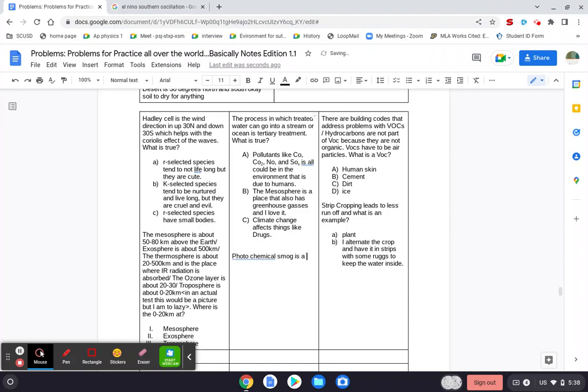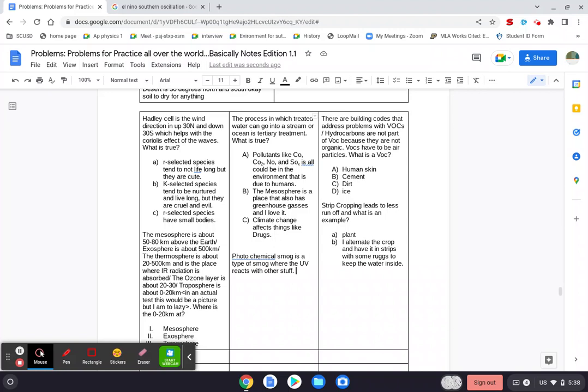Smog is a type of smog where the UV reacts with other stuff. With other stuff. Something smells like crap here. Okay, that's good. Let me do something real quick.